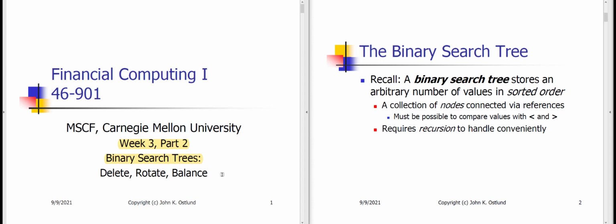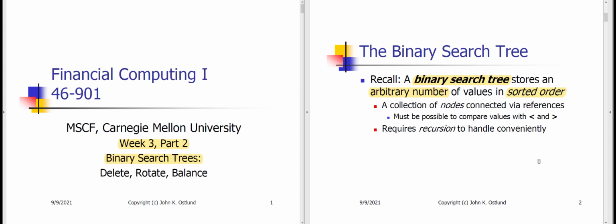Back in Programming Prep Day 1, Part 2, 5 years ago probably, we took a look at binary search trees. The idea of a binary search tree is that it's able to store some arbitrary number of values in a sorted order, and typically that's an ascending order.